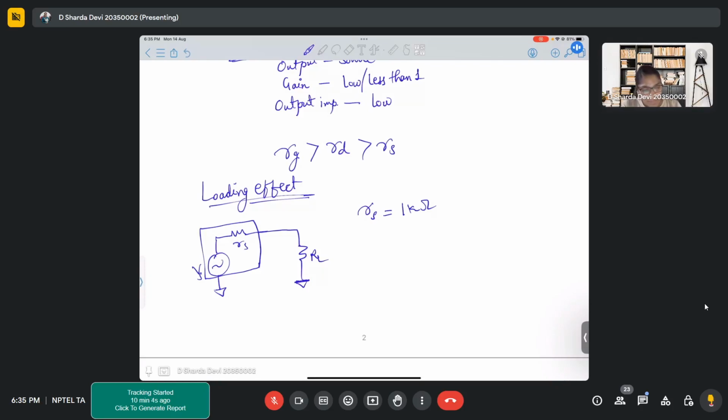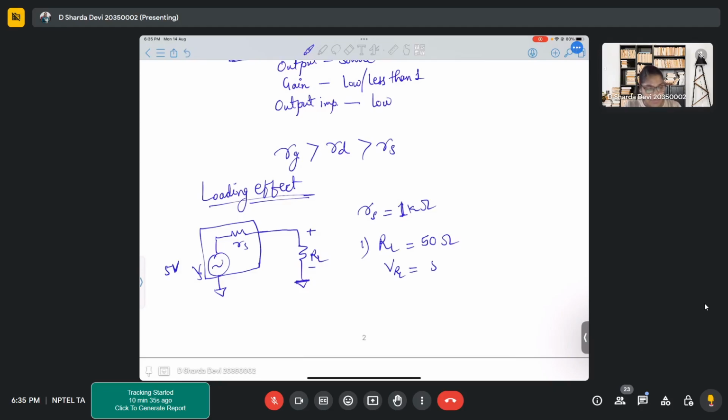Now for example, let's say your RL is 10 ohms or 50 ohms. Mostly speakers have 50 ohm resistance. So if your load is a 50 ohm resistor, and your RS is 1 kilo ohm, considering your source is of 5 volts, what is the voltage that you will actually see across your load in this particular case?